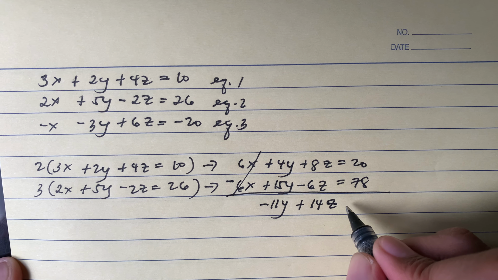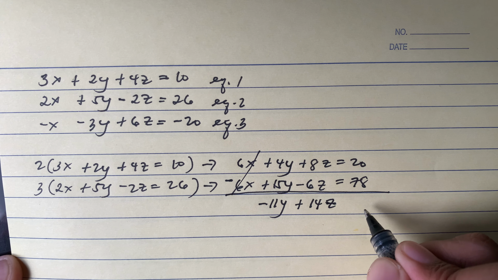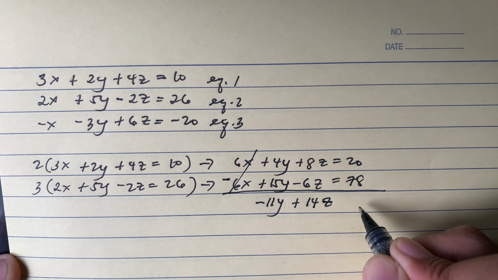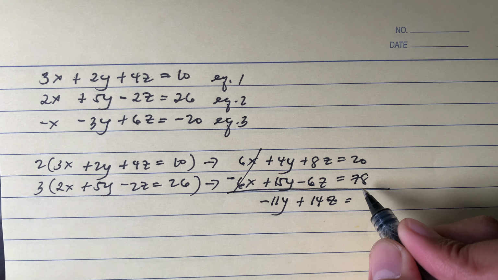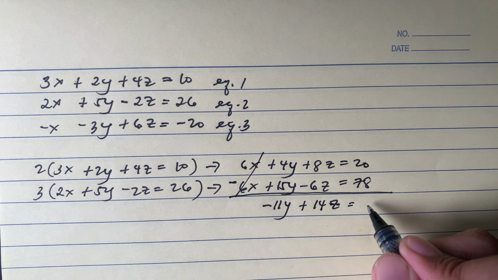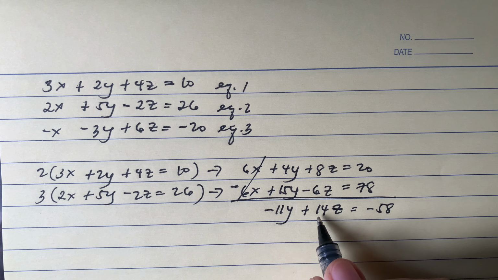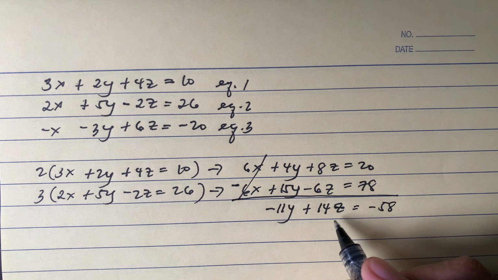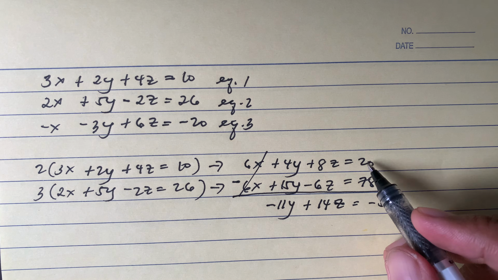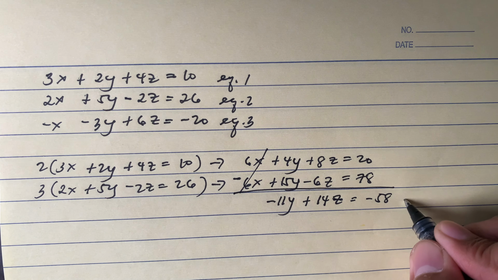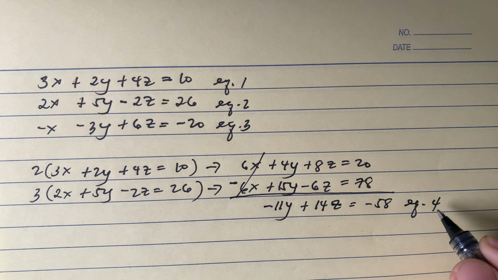Then the next, we have here 20 minus 78, that will be equal to negative 58. Okay, so we got a new equation. This new equation now, from our first and second equations, will be called equation 4.